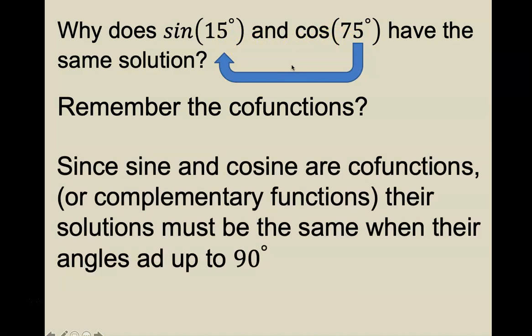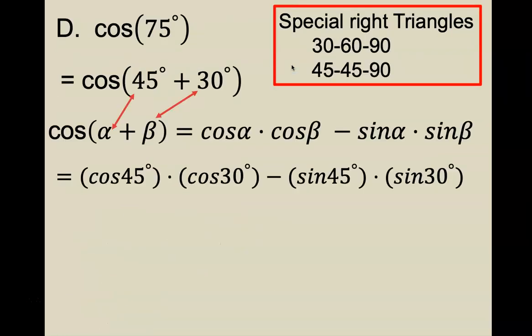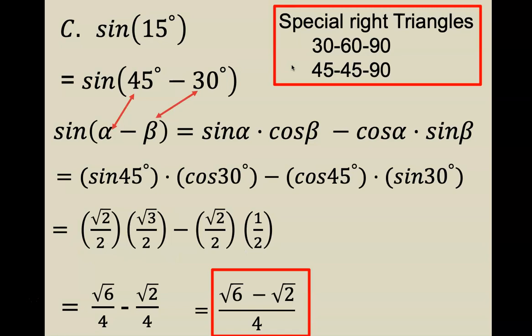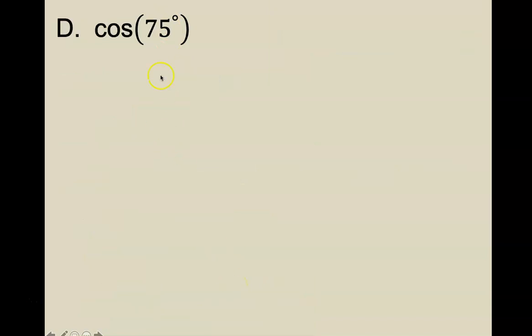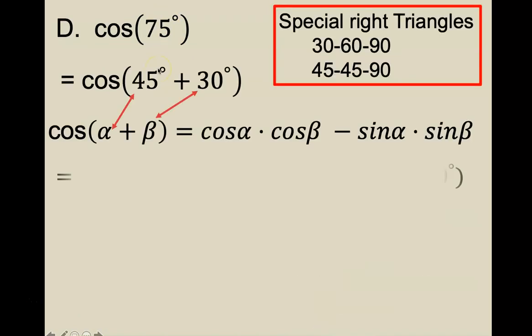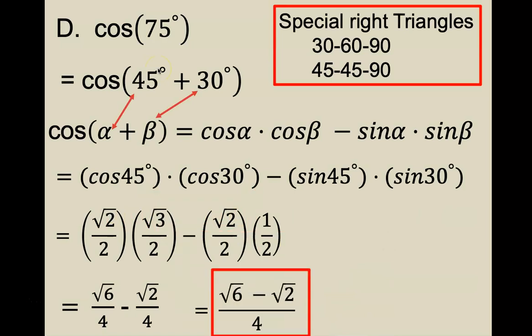So basically, since sine and cosine are cofunctions, or complementary functions if you want to call them that, their solutions must be the same when their angles add up to 90. So really, when we did part C and found the answer, I was done. I didn't have to do all this other nonsense to find that. I just had to use cofunctions. So kind of nice to know.